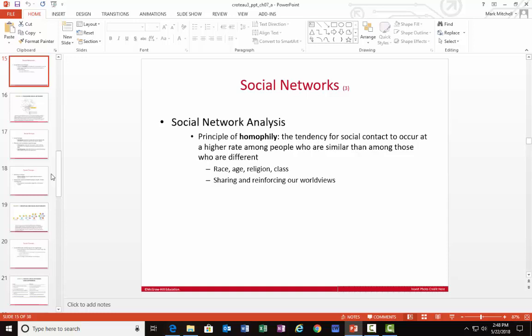That verse says, "For to all those who have, more will be given, but from those who have nothing, even what they have will be taken away." So there's a good reason why they call it the Matthew effect. All right.